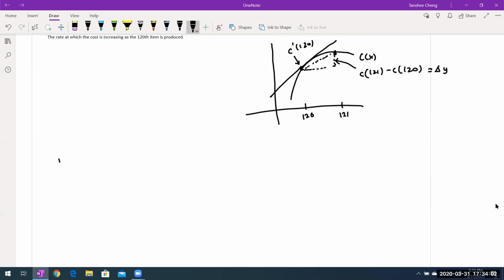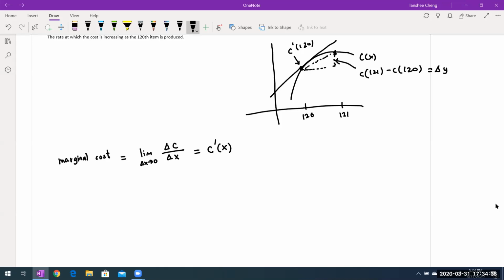Marginal cost is a term used in business for this particular situation. The limit as delta x approaches 0 of the change in the cost function divided by the change in the number of items that you are producing is the definition of the derivative, which gives us C prime of x.